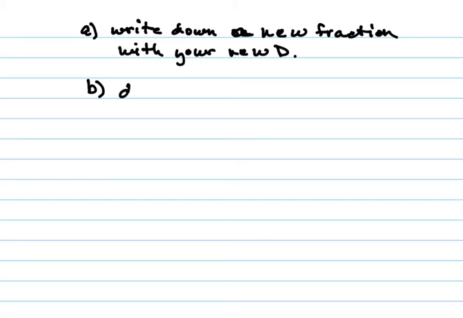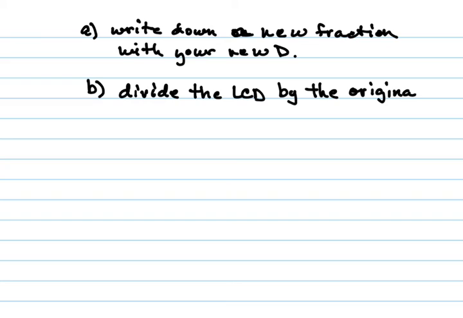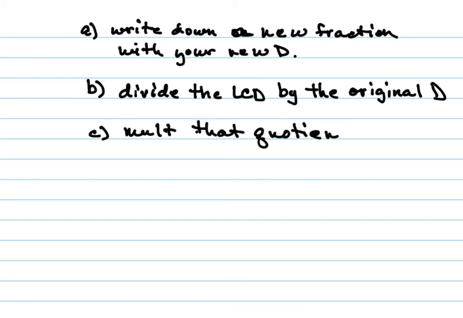So what we're going to do is simply divide the LCD by the original denominator. Multiply that quotient. What's a quotient? The answer when you divide.